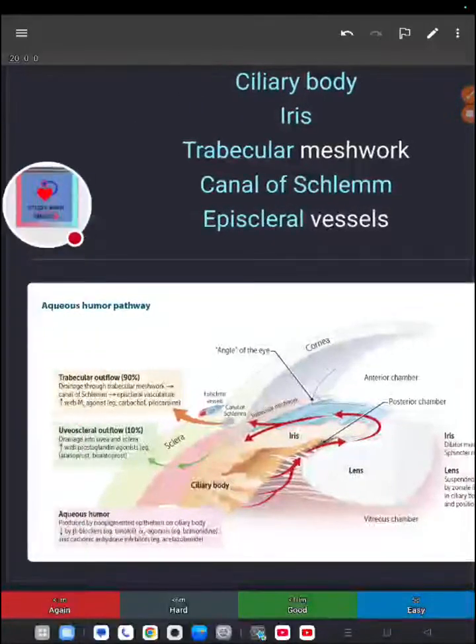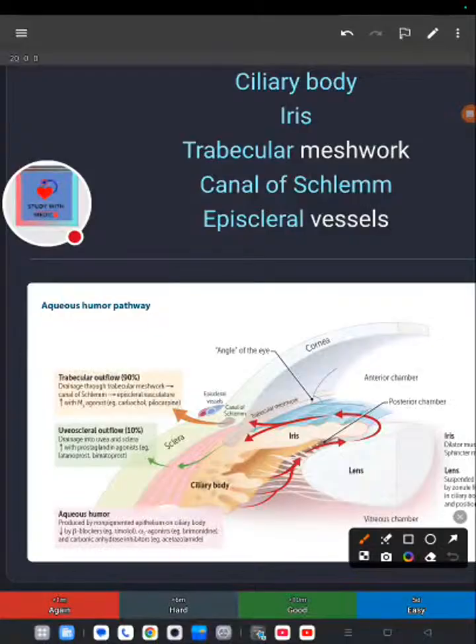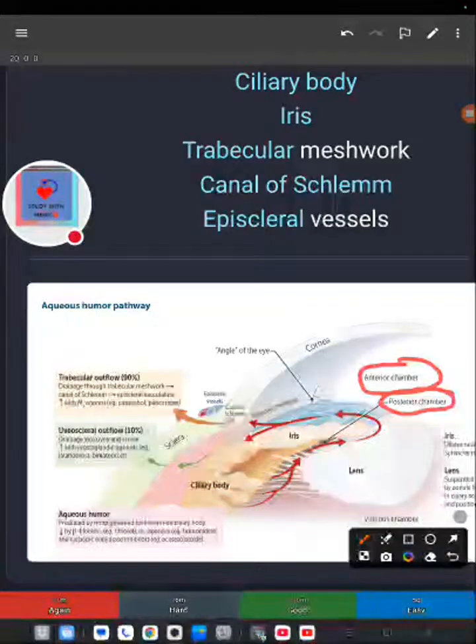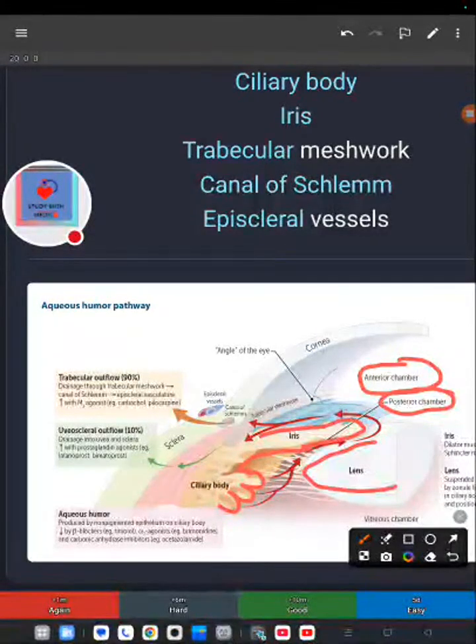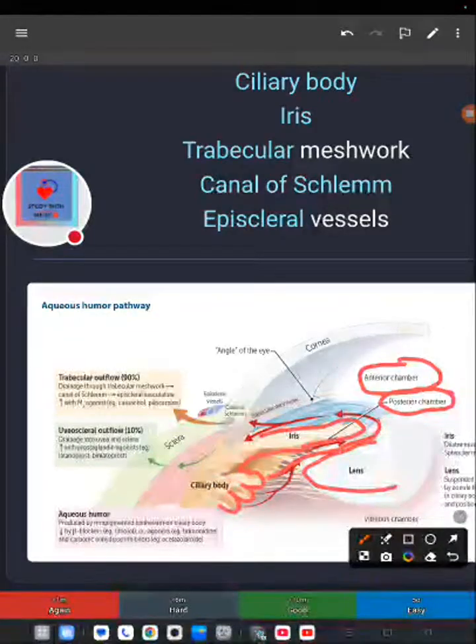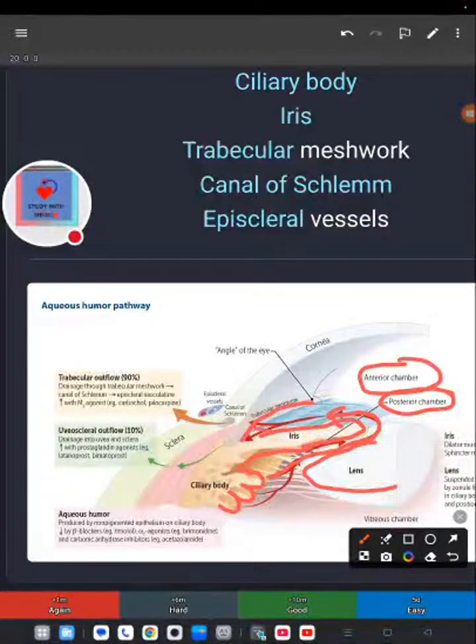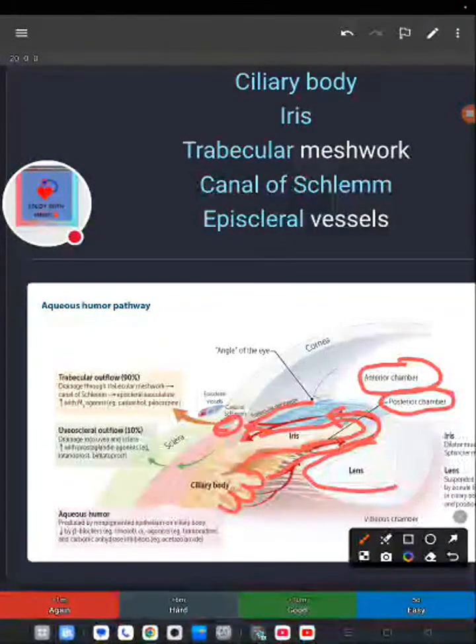This is your anterior chamber, this is your posterior chamber. The ciliary body releases the aqueous humor; this is the iris, this is the lens. Aqueous comes from posterior to anterior, draining through the trabecular meshwork into the canal of Schlemm.